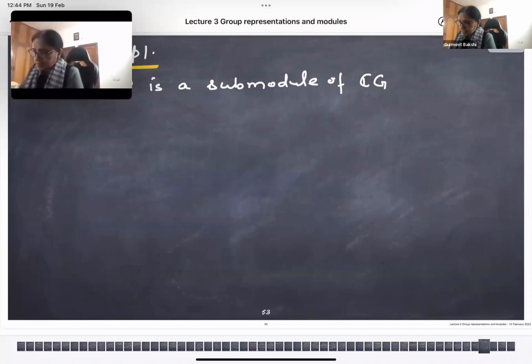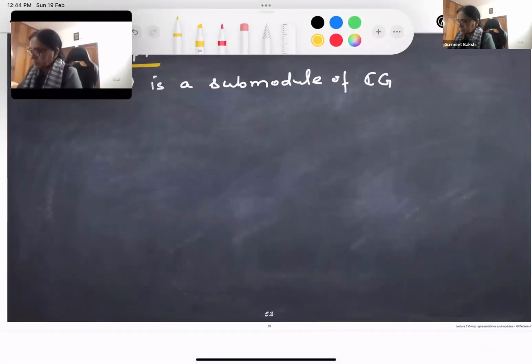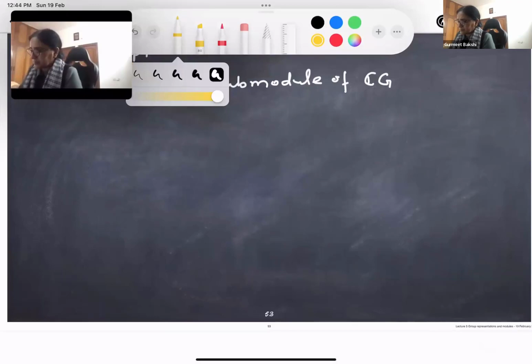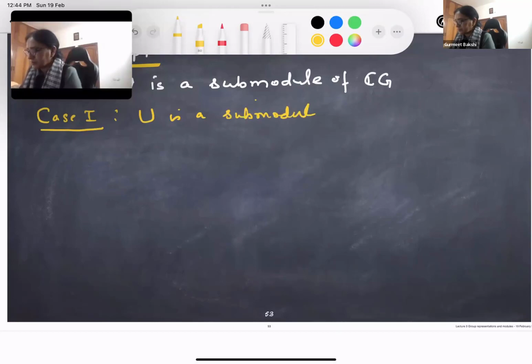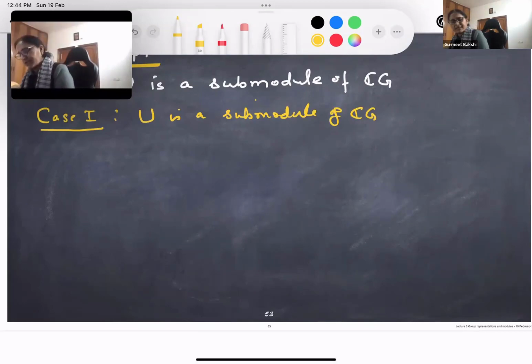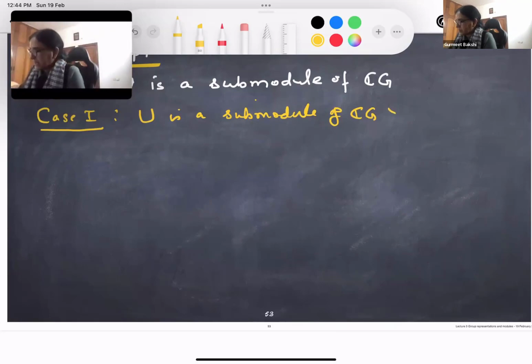So as a first step, in case 1, I take U to be a submodule of CG, and then in the next part I will take U to be an arbitrary irreducible. So U is a submodule of CG and U is irreducible.